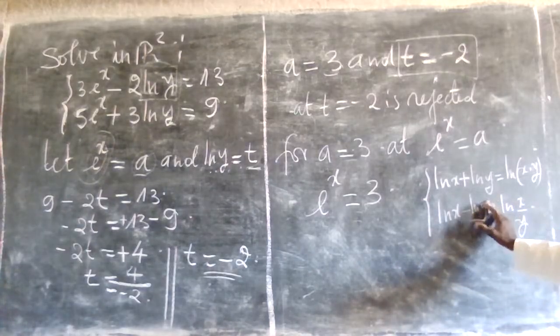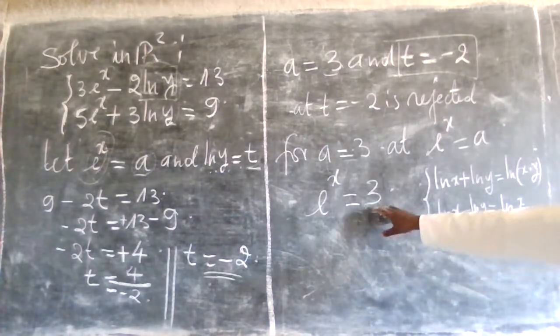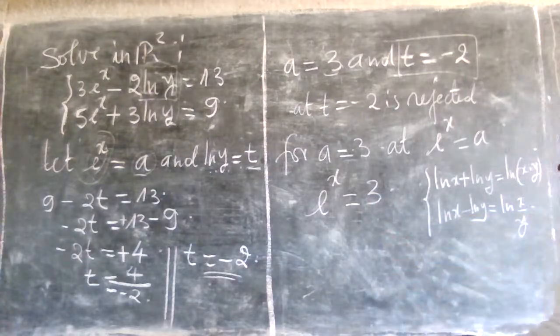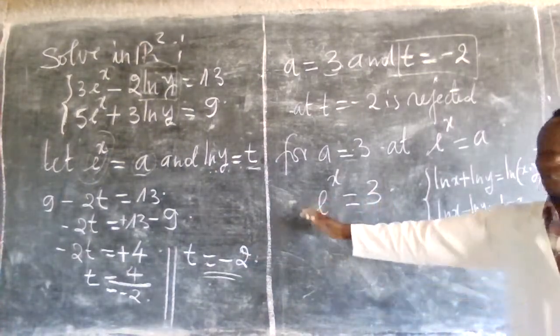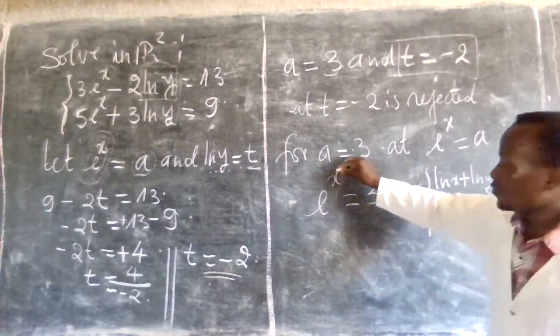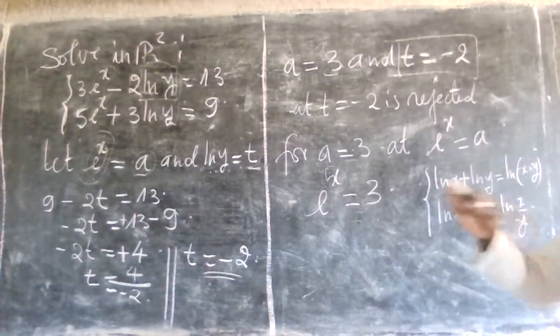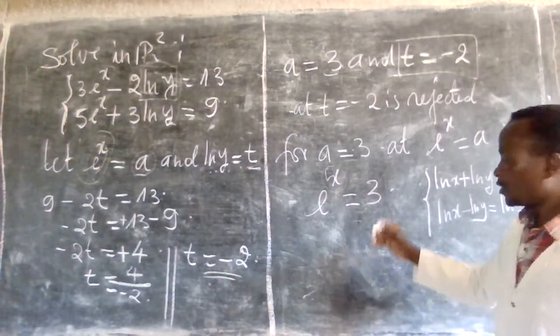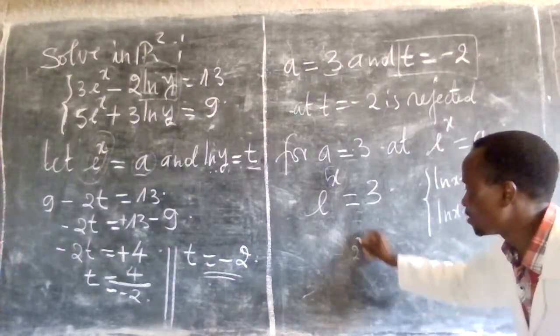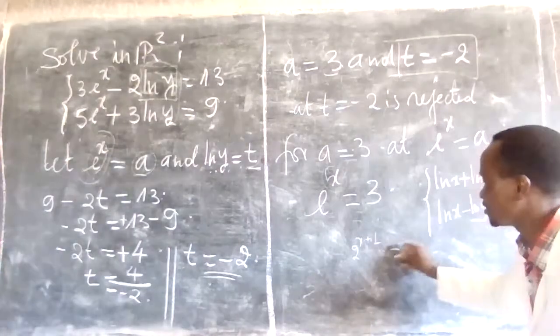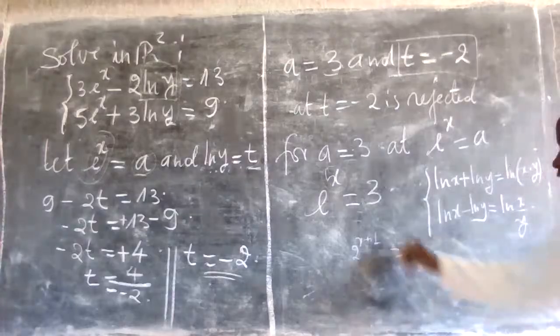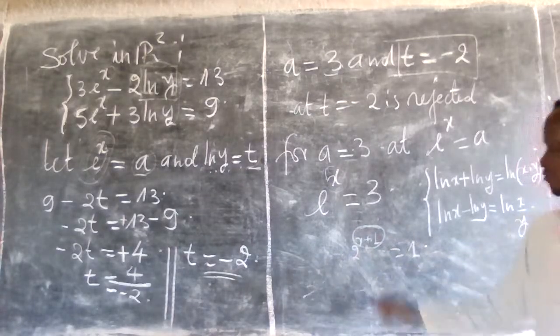Now we are at this step. In this equation, we are going to apply ln to both sides so that we avoid this x. Last morning, I told you that when we have, for example, 2 power x plus 1 equal to 1, how should we avoid this?